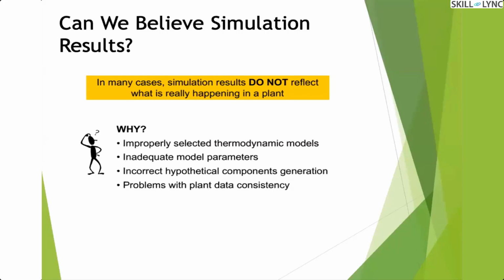If you straight away go and use a shortcut column, and there is any azeotropic formation for that set of components you have selected, the shortcut column will not give you a warning that it is going to form an azeotrope. Simply it will give you the number of stages required, and it will also specify the reboiler duty and condenser duty required. And if you develop a distillation column based on that result, you will not be able to separate, because there is an azeotrope formation.